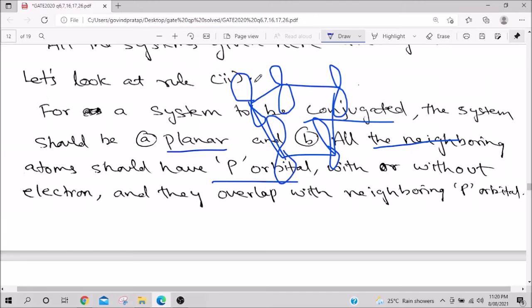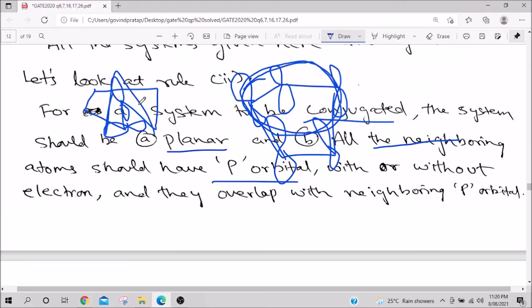So we are talking about conjugation. Conjugation means orbitals have to overlap. Now imagine some molecule like this, then something comes up and something goes down. So now suddenly this comes up in between and something is going like this and something like this, so they cannot overlap. So only when the molecule is planar, in one plane, can it be conjugated.